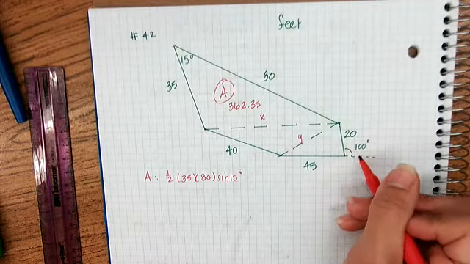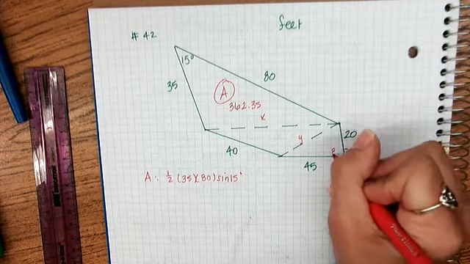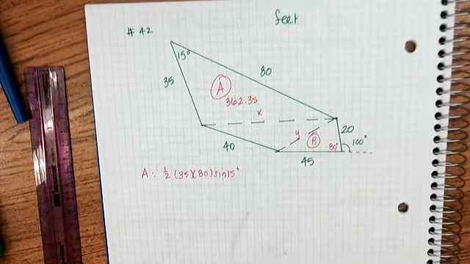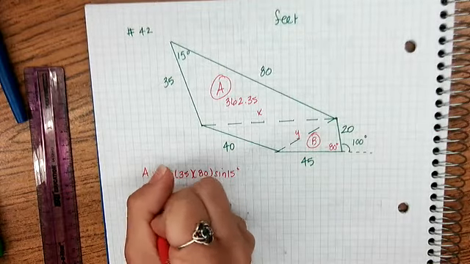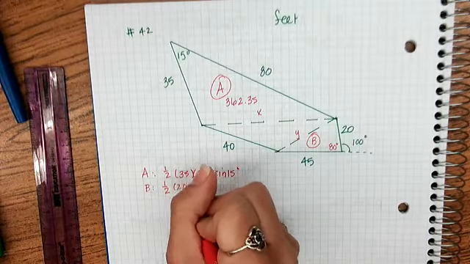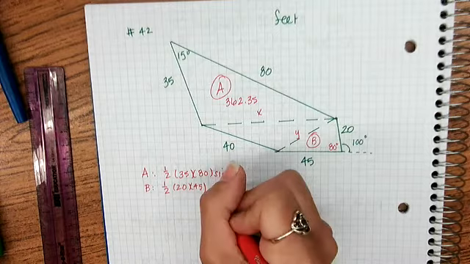If we've got 100 degrees on the outer, then this is 80 degrees. So section B is 1/2 times 20 times 45 times the sine of 80.